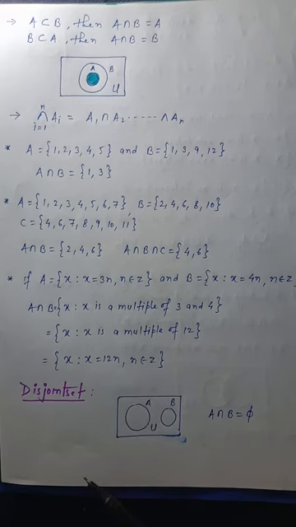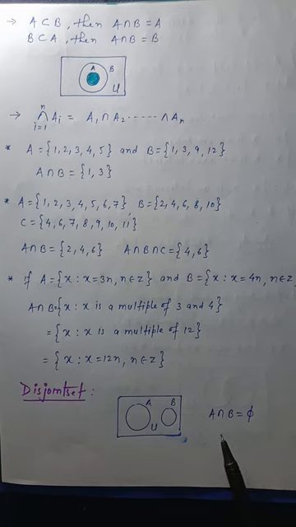Now what is a disjoint set? Disjoint sets are those sets which are non-intersecting, or in which there is no common element. So you can see here A intersection B is phi, therefore A and B are disjoint sets.